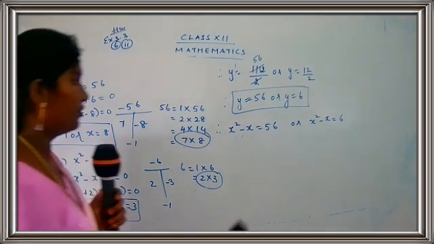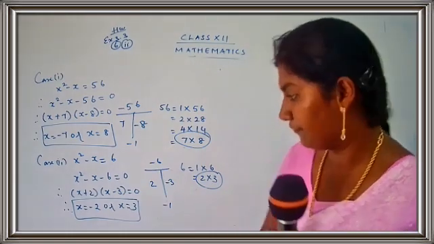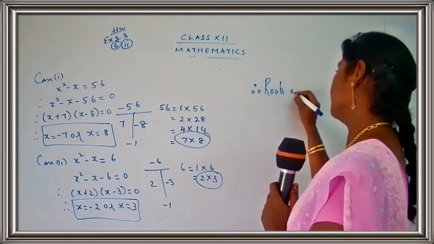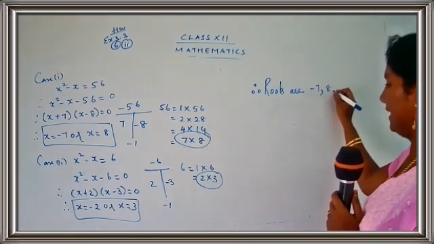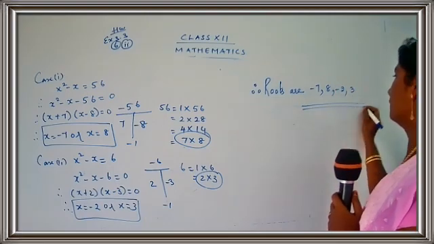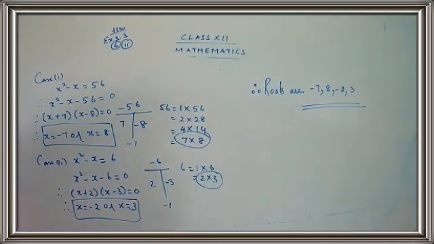So now we are just going to write the final answer. Therefore, roots are, what are the roots? Roots are minus 7, 8, minus 2, 3. So therefore, roots are, you can write down from smaller to bigger, no problem, or just write down all the roots.